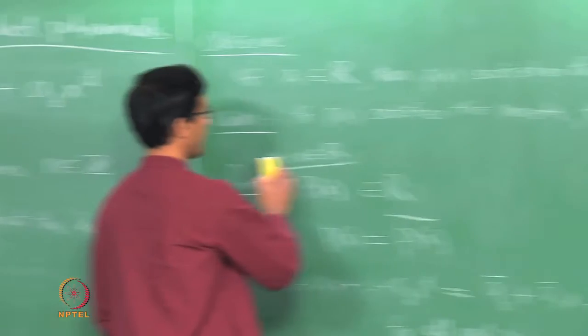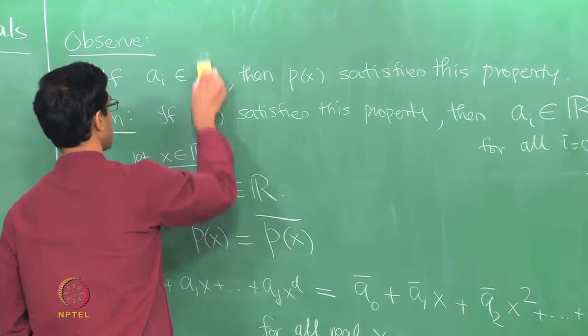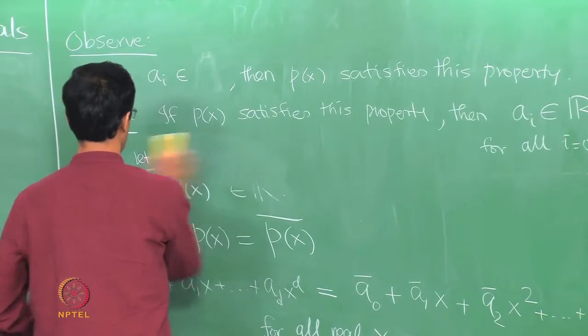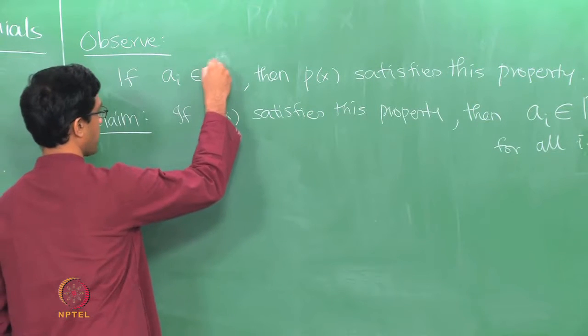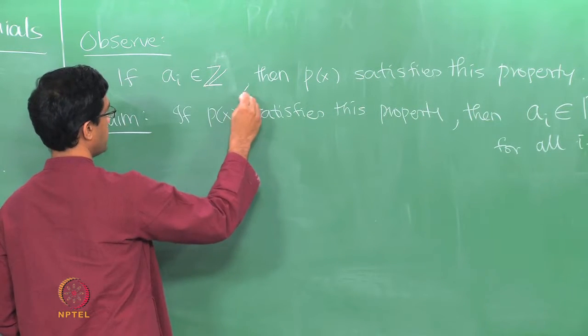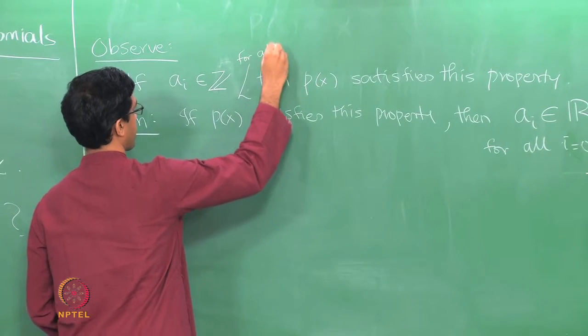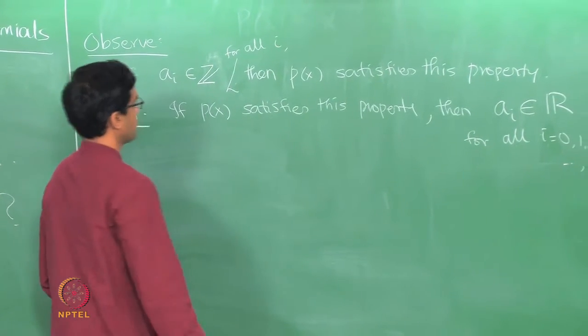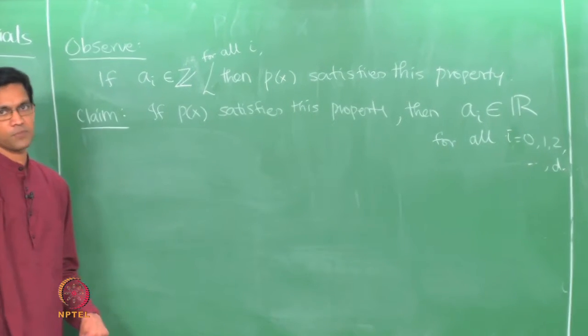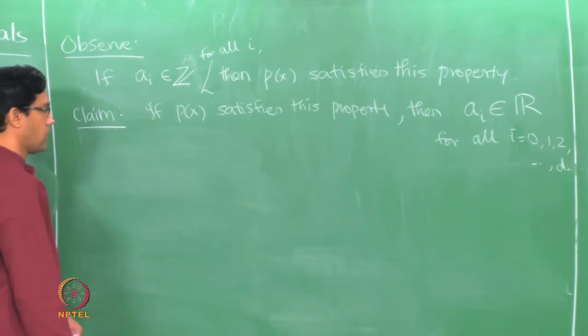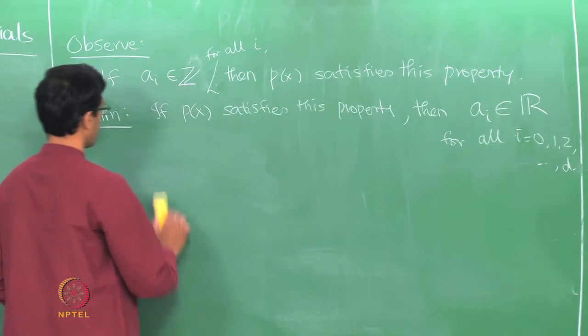So observe similarly, just like before, that, so I am just going to modify right here, if a_i is an integer for every i, so I should say for all i, then p of x certainly satisfies this property. Okay. Now what we really want to worry about is sort of the converse.